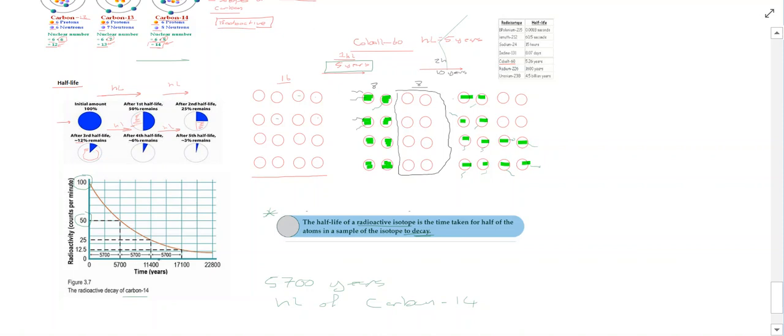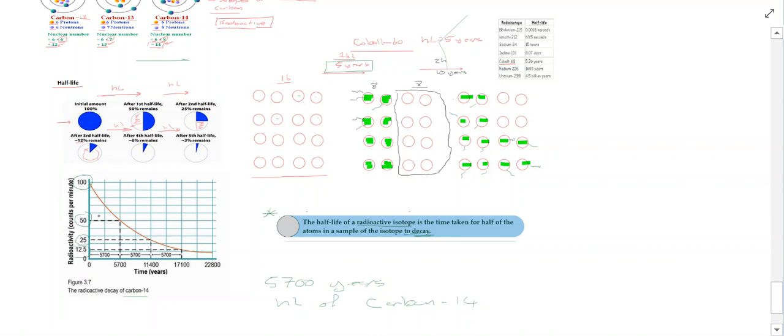Then if we go another 5,700 years, the amount of carbon-14 that's remaining is 25%. And if you go another 5,700 years, the remainder of carbon-14 is 12.5%. So what happens to the other carbon-14?